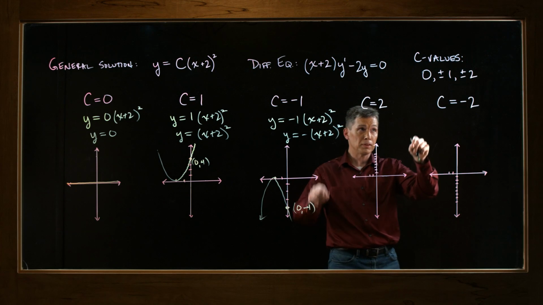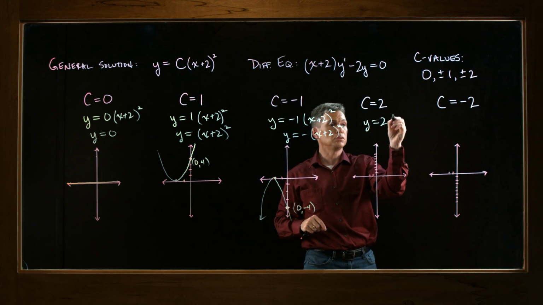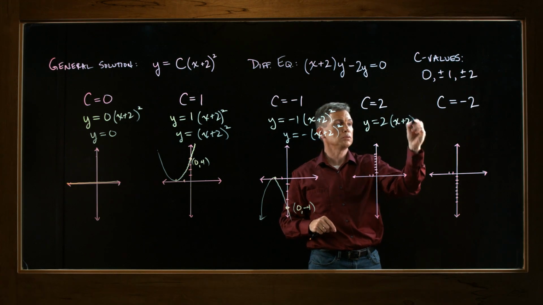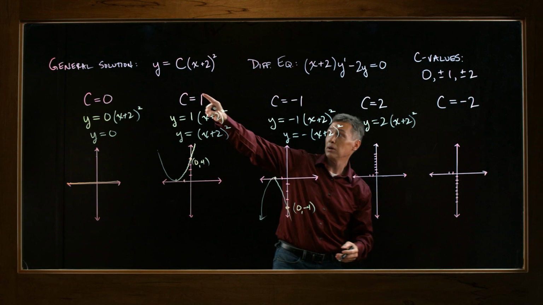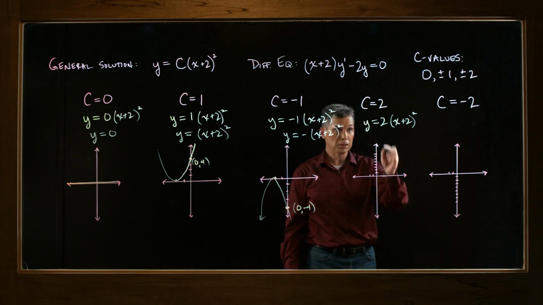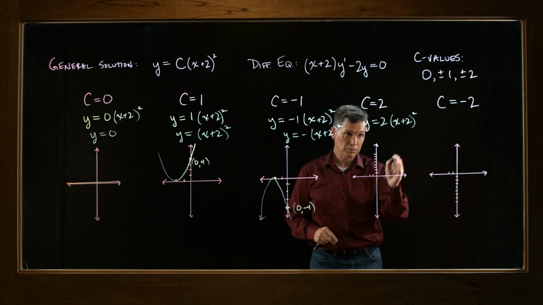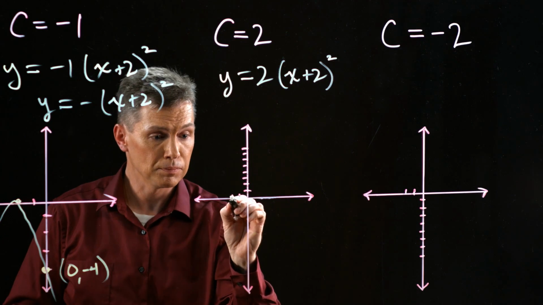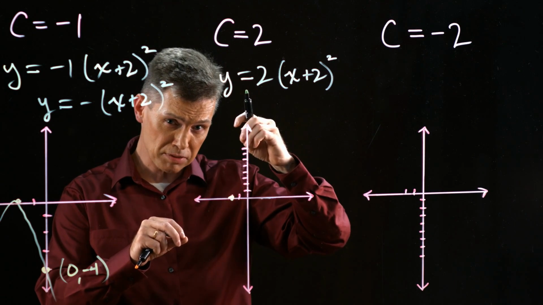Next one over, they give me a value of c equals 2, y equals 2 times (x plus 2) squared. Keeping in mind each time I'm just going back to the original general solution, putting in a specific value for c, and now thinking about what that does to the graph. To the left 2. The 2 coefficient in front is one of those stretching factors.